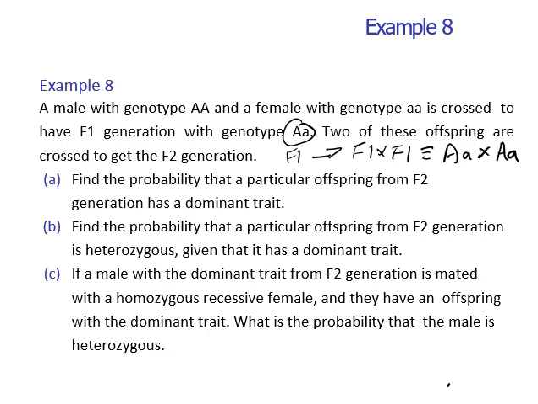You can just draw all the possibilities of the F2s. F2 will have either AA, Aa, Aa, or aa. So which are the dominant trait? These three. So you have 3 out of 4 dominant traits. So it's actually 3/4. Okay, so we have technically done this question already.